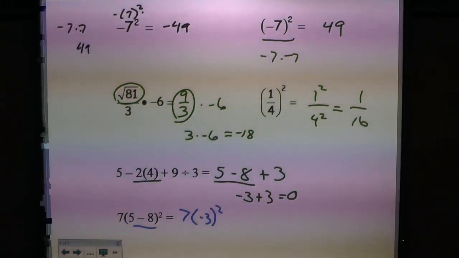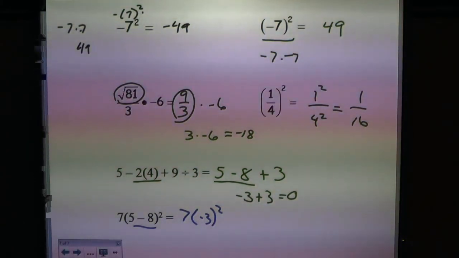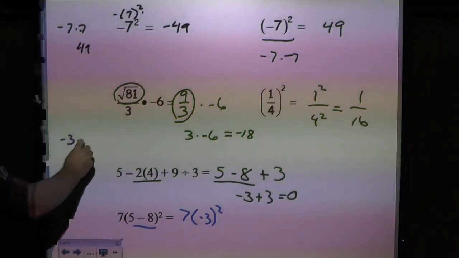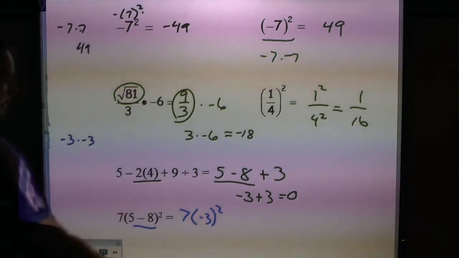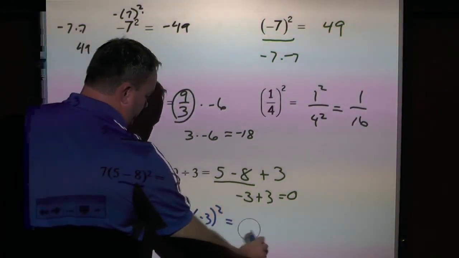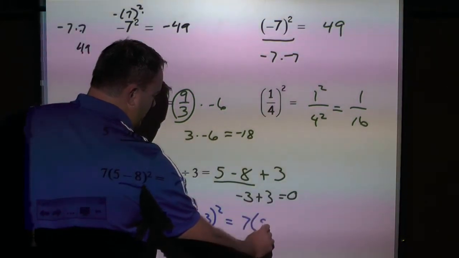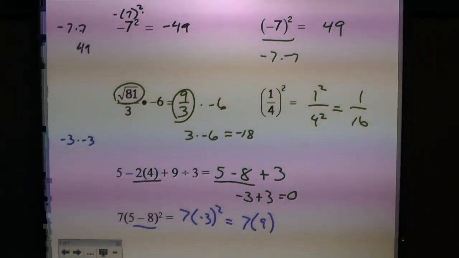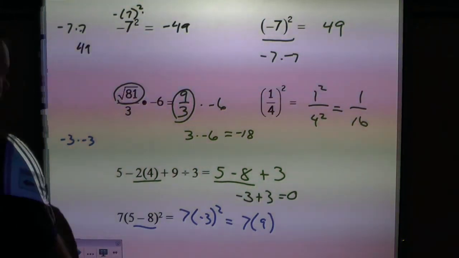So after parentheses comes exponents, and you do have exponents. -3 squared. Same number multiplied by itself. -3 times -3 gives you positive 9.